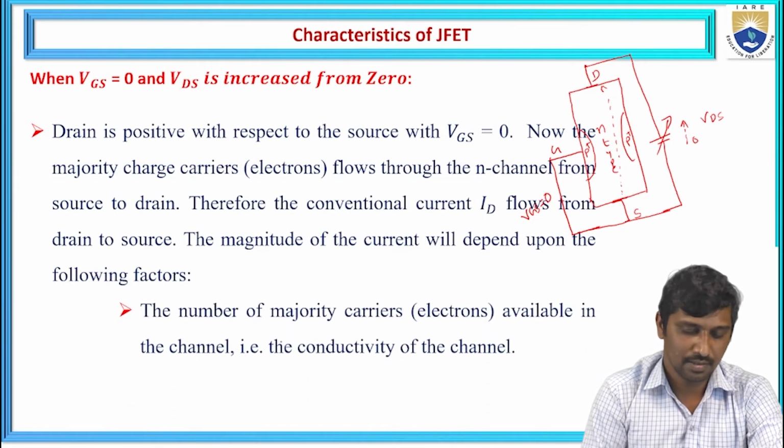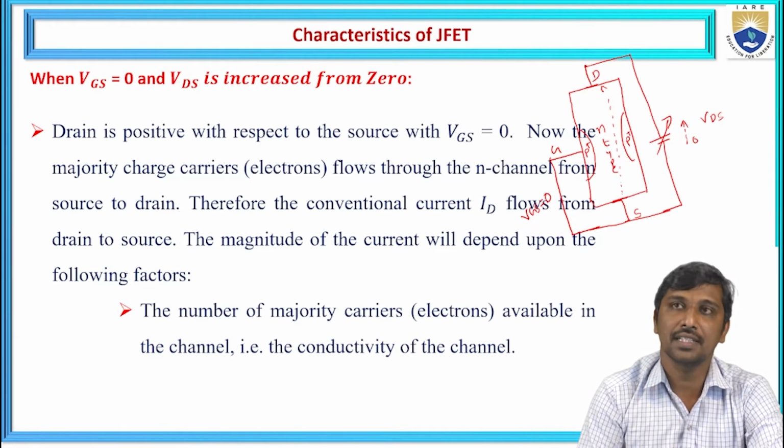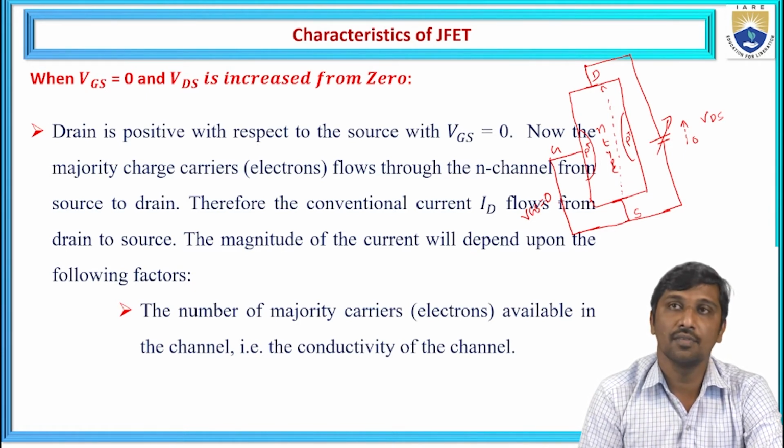One is the number of majority charge carriers, how many charge carriers are available in the source, and the conductivity of the channel, which defines the flow of drain current.